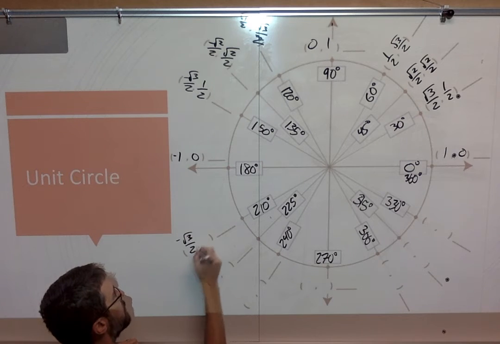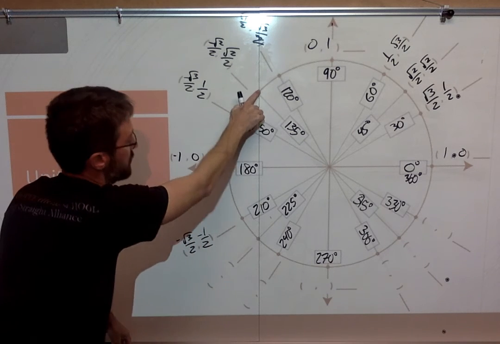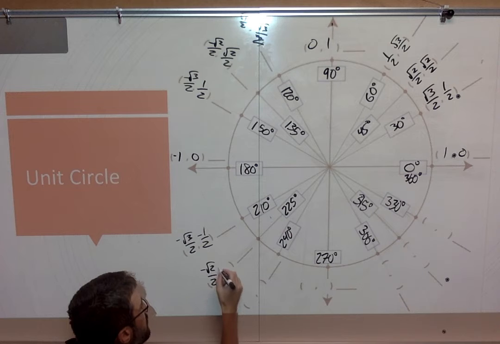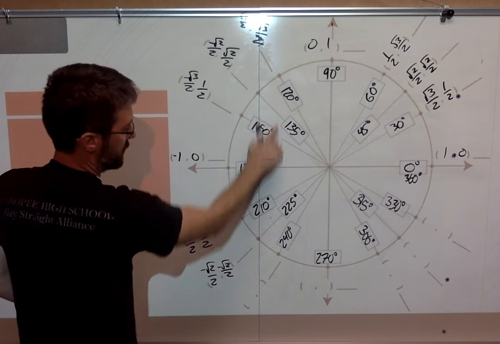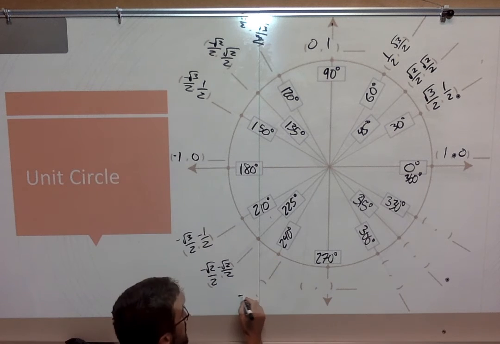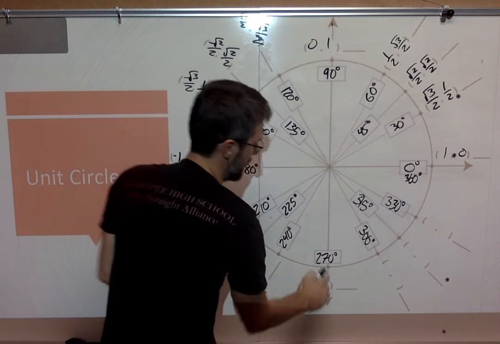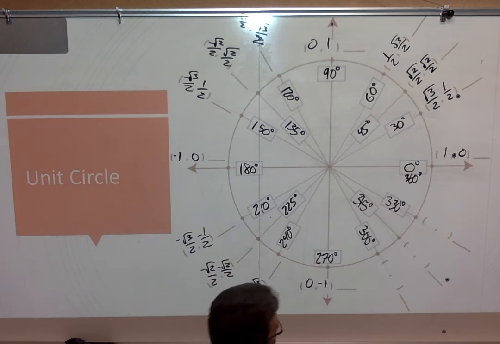Negative root 3 over 2, negative 1/2. This one goes straight down, and it's negative root 2 over 2, negative root 2 over 2. This one moves straight down, and it's negative 1/2, negative root 3 over 2. This one moves straight down, and it's 0, negative 1.